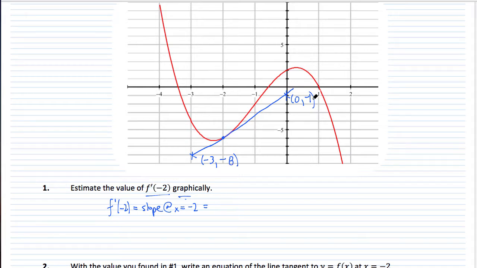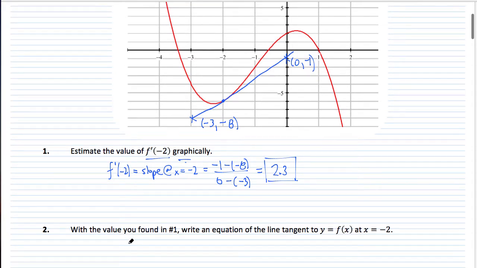In this case, negative 1 minus my initial y of negative 8, all over my final x value of 0 minus my initial value of negative 3. If I put this in my calculator, we find a value of approximately 2.3. That is my estimated value of f prime of negative 2.